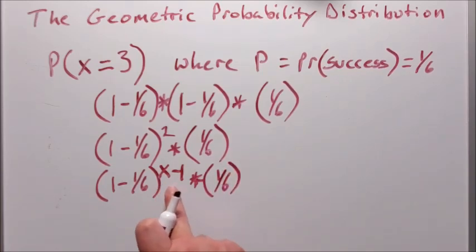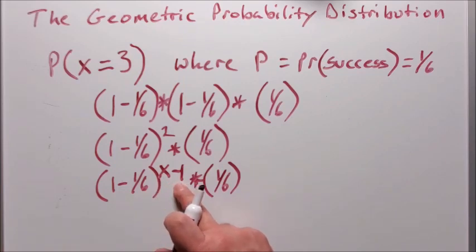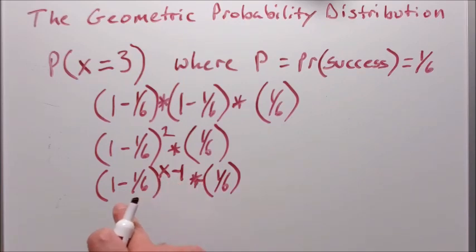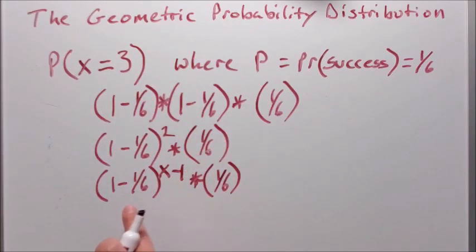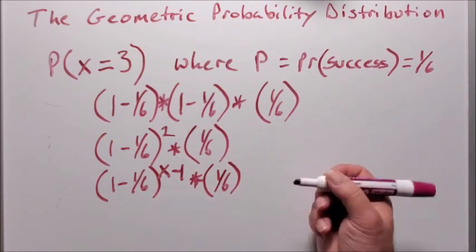We always take the probability of failure to the power of x minus 1, because we always imagine an unbroken string of failures until you reach that first success. So out of all the number of trials, the first x minus 1 are failures, and then finally you finish with a success, right?